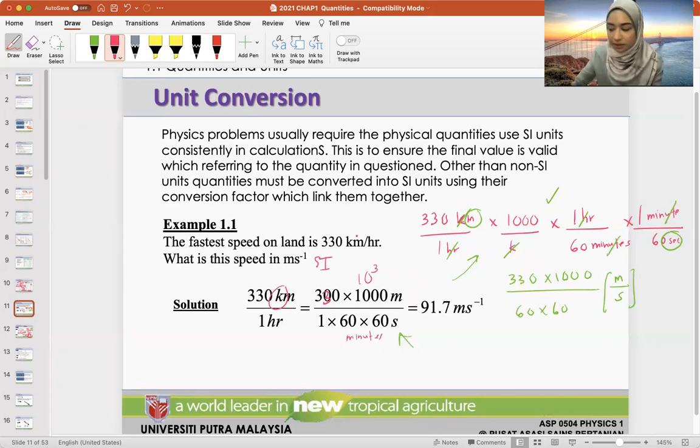Jawapan dia betul. Dia tersilap tulis je tu. Dia tersilap letak 300. It should be 330. Thank you for noticing that. 3.2 to the power of 3. Meter cube. Okay.